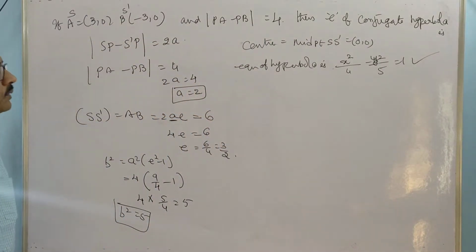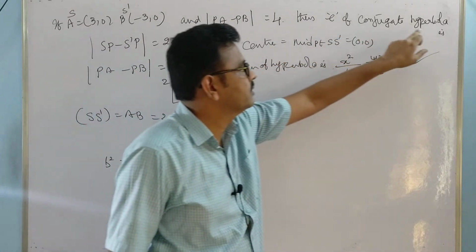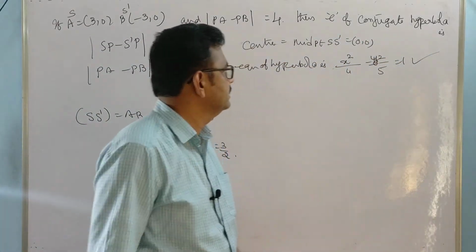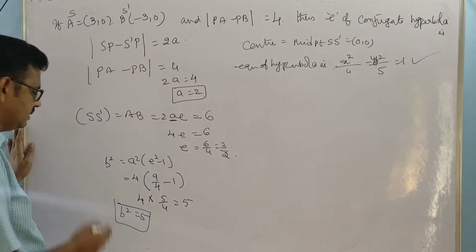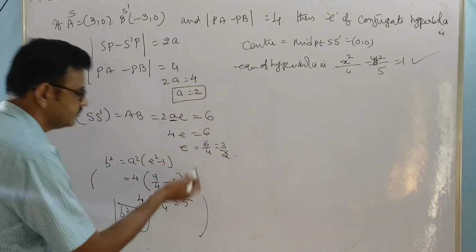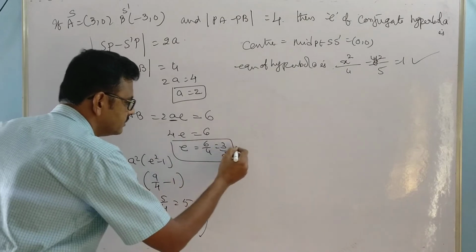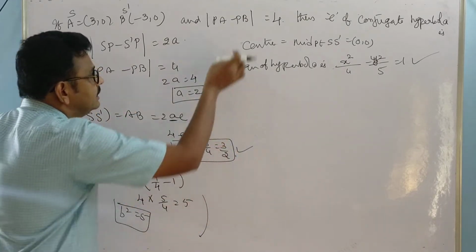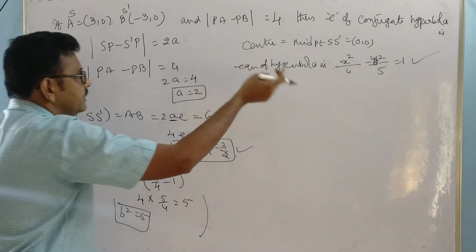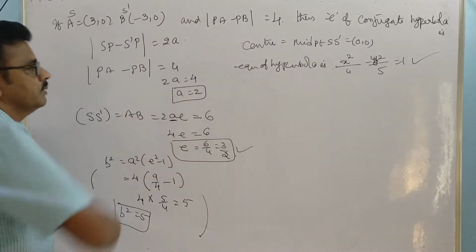Okay. Now our question is the eccentricity of the conjugate hyperbola. Actually it is not necessary to find all these things. The eccentricity of hyperbola is enough. Now we have to find the eccentricity of the conjugate hyperbola.